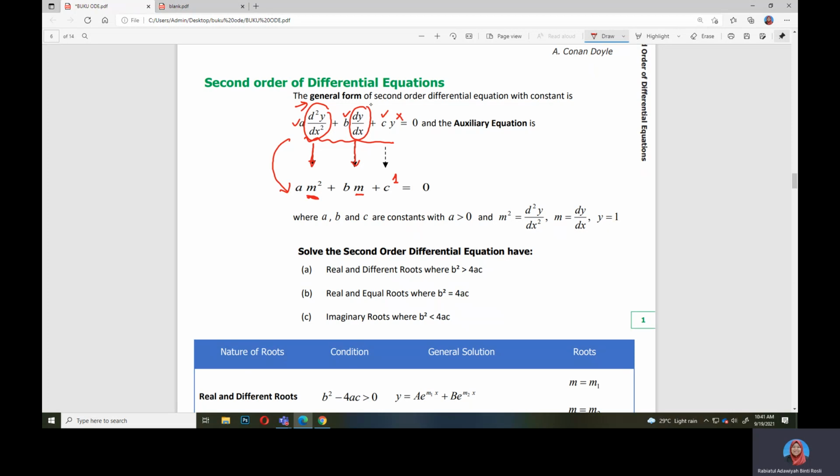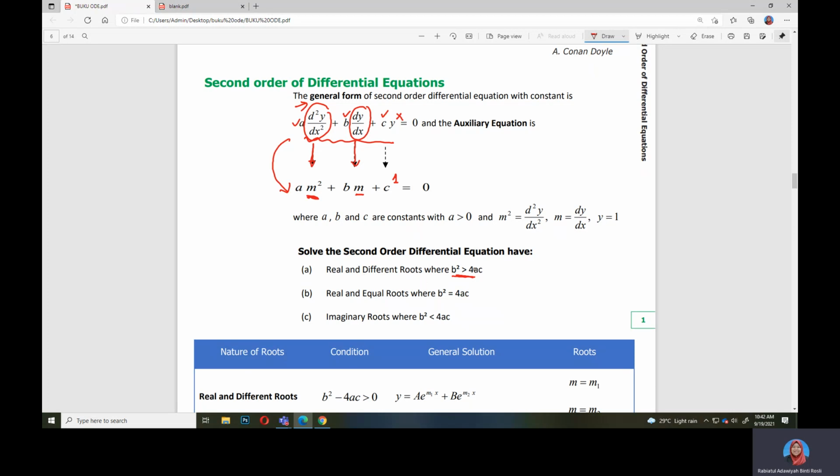After you convert from the general form into the auxiliary equation, you have to know the second order differential equation has 3 types. The first one is real and different roots. How to know this type? You can check by doing this: if b squared is greater than 4ac, then this type is real and different roots.